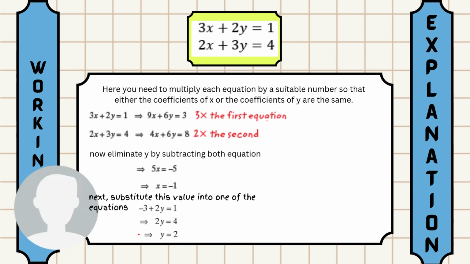And finally, the final answer is y equals 2. Don't forget to write down your final answer, and always remember to check both of your answers by substituting them back into both of the original equations.